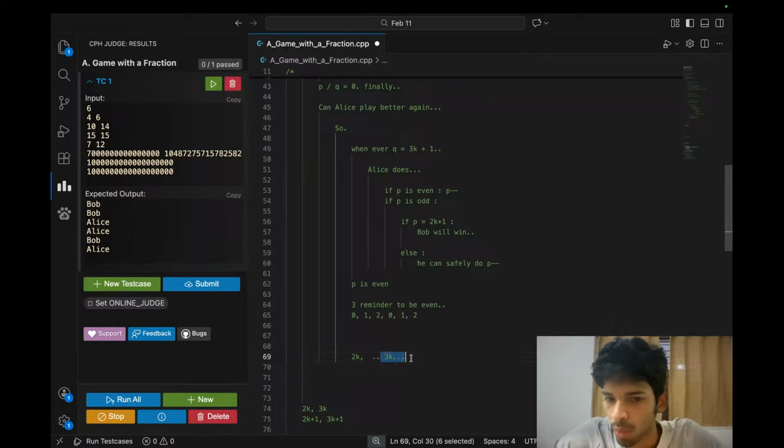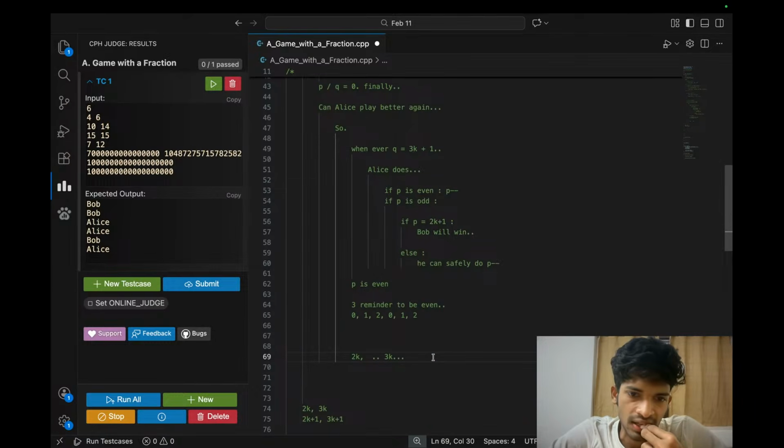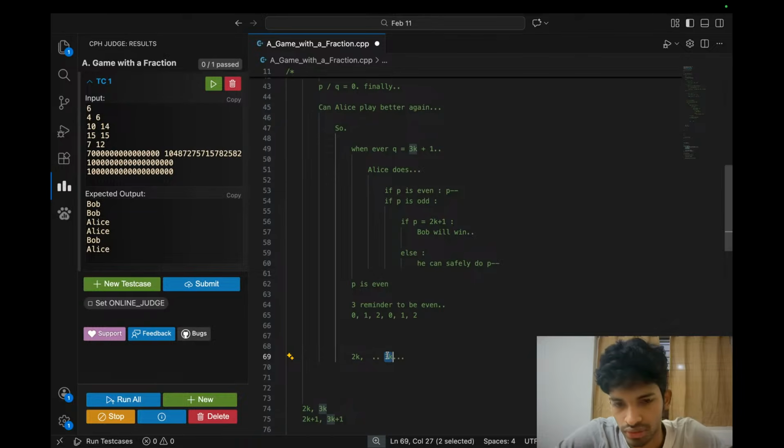Let's say Bob is always keeping this one bigger. Alice will still reduce this one, right? So we have this being bigger. Alice will try to reduce this, Bob will try to reduce this.